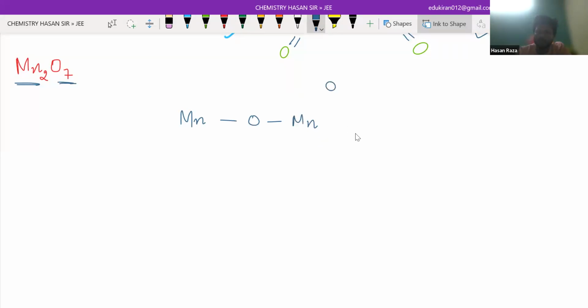So 3 oxygen to the right manganese and 3 oxygen to the left manganese. And oxygen, whenever it is a corner atom or surrounding atom, will make a double bond. So this will be the structure of Mn2O7.